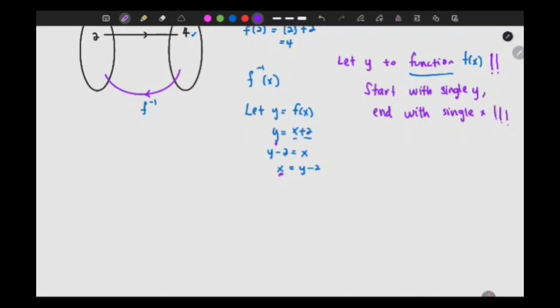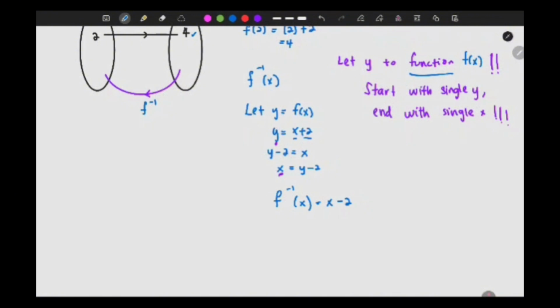It's so easy, right? Compared to composite. This is your f inverse function, which is x minus 2, and you can check for your inverse. You have to be careful.